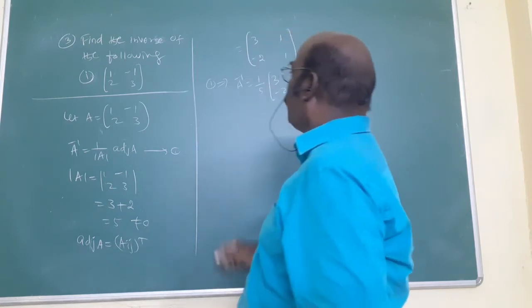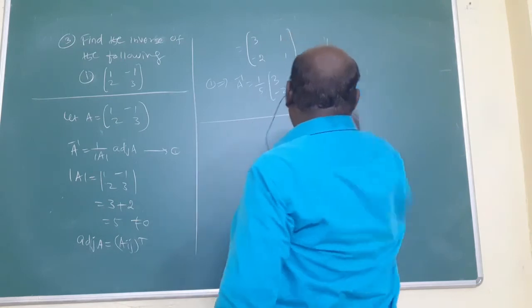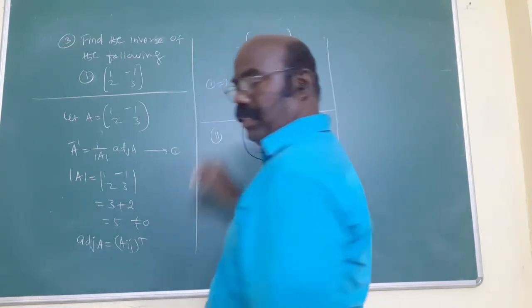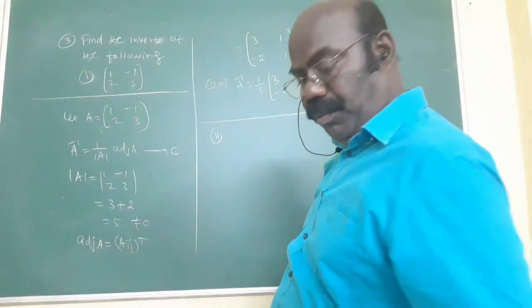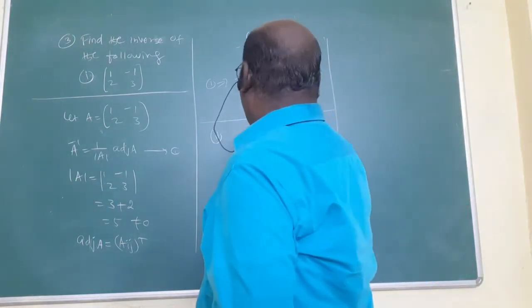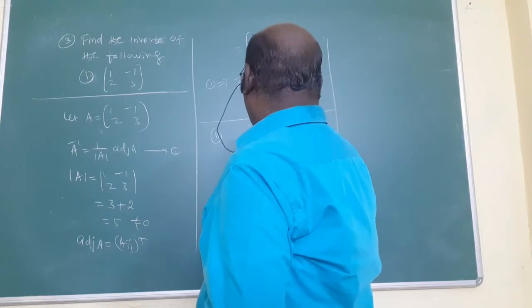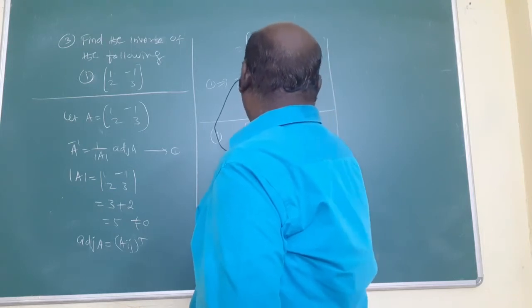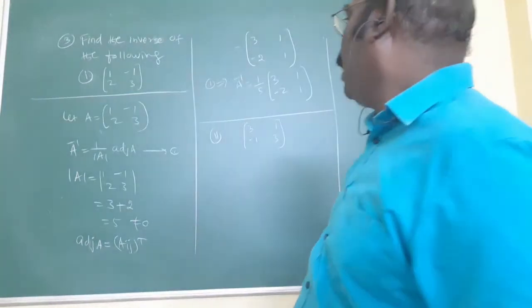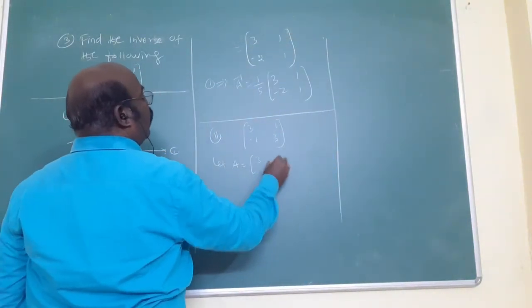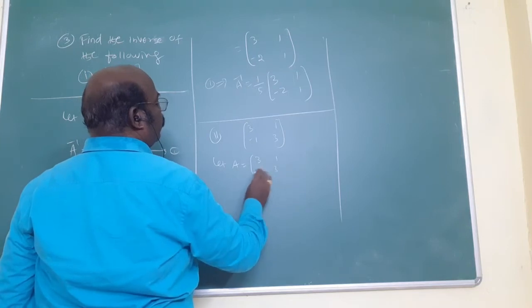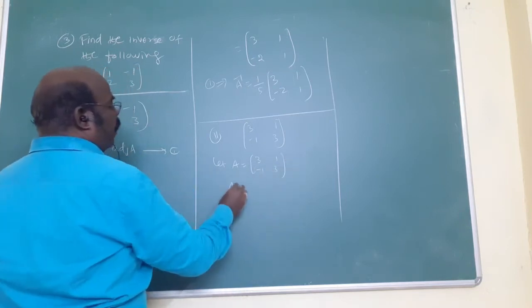That's all. Similarly, the next question, the second question. One more 2 cross 2 question: 3 1 1 minus 1. This is the question. Now the same thing. Let A equal 3 1 1 minus 1. The inverse is asked, the same formula.